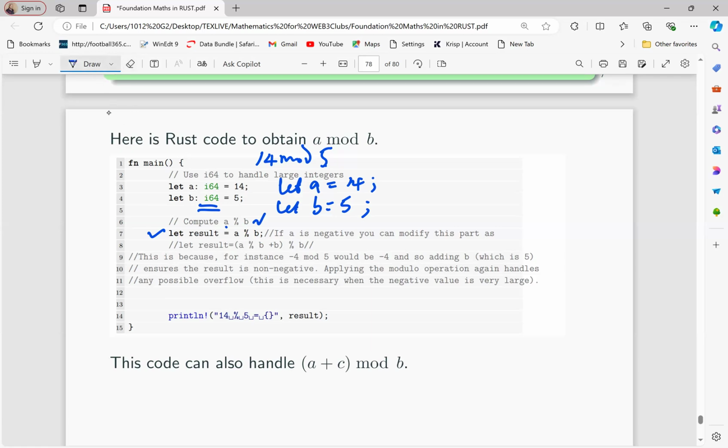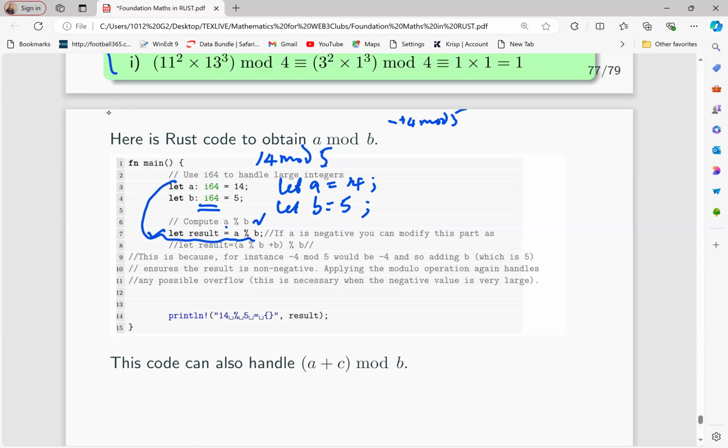You see, Rust will, if I have negative 14 mod 5, give me what I have up to here. This result would be negative 14.